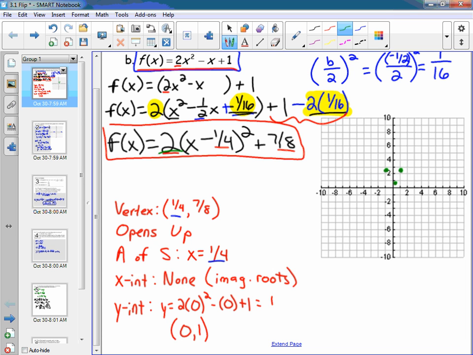And then if we go to the right 2 units, 2 squared is 4, and then we can go up 8. So we'd have a point there and there. If we graphed our axis of symmetry, it would be the line that would divide that parabola in half. It won't be on the y-axis.